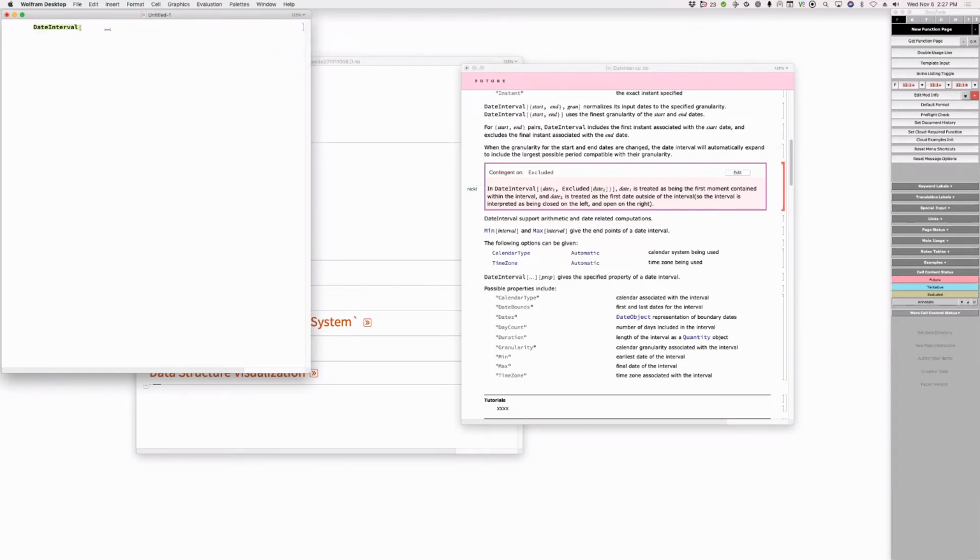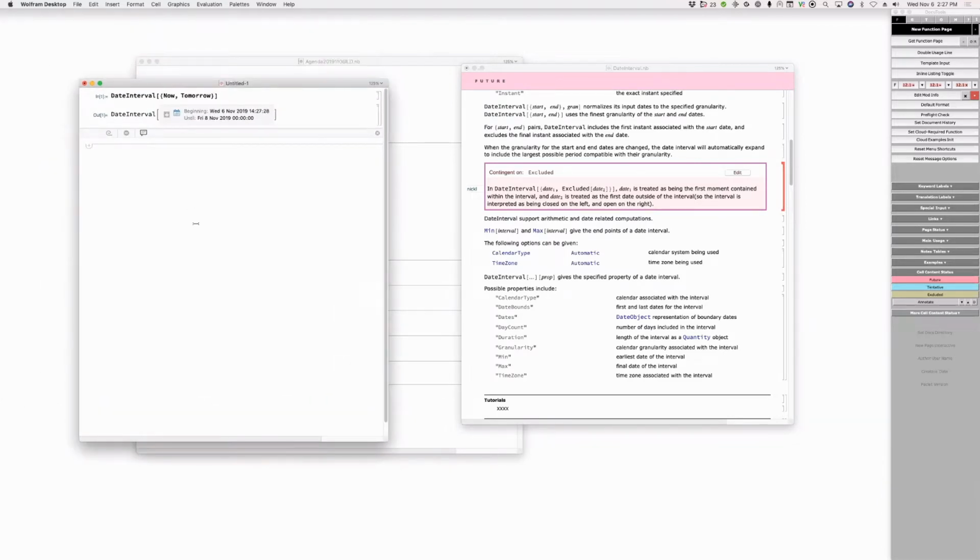Okay, so if I say date interval and now to tomorrow, right. So you see that in this case, we always take the finest granularity, which in this case is instant. And so that's how it's resolved.